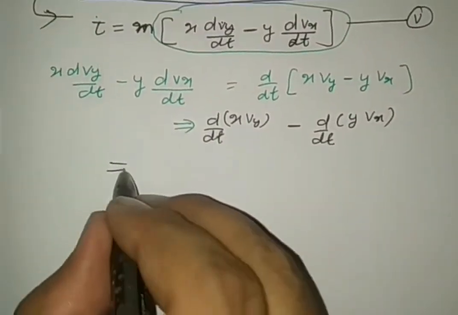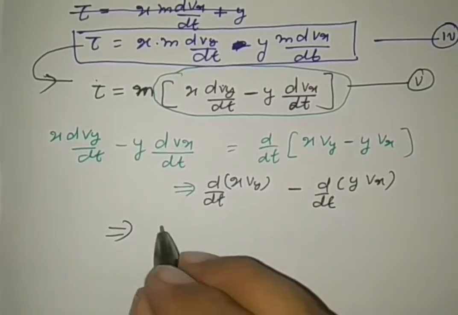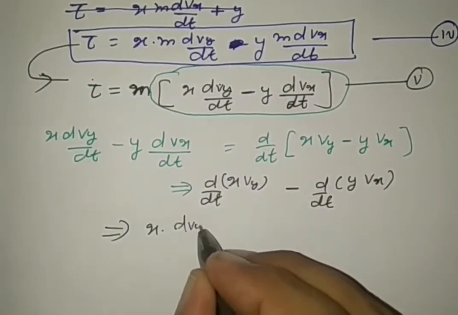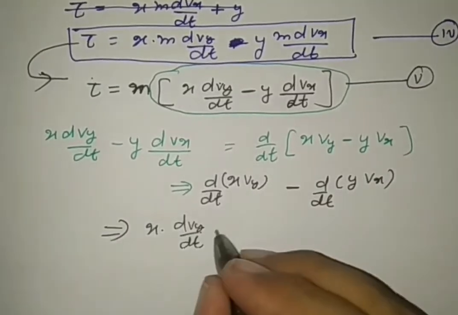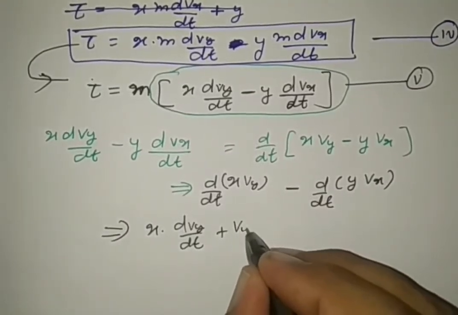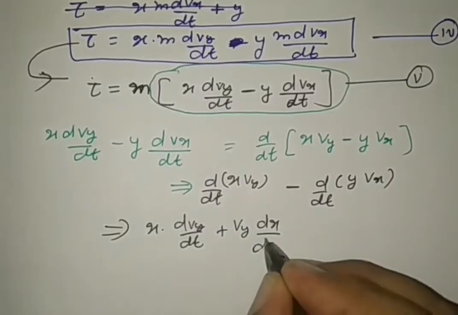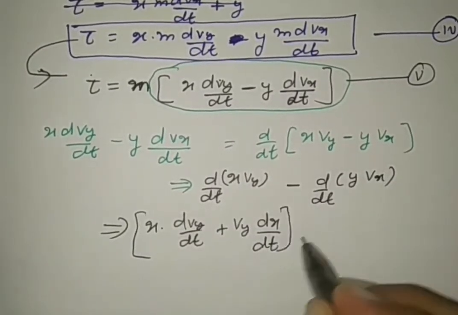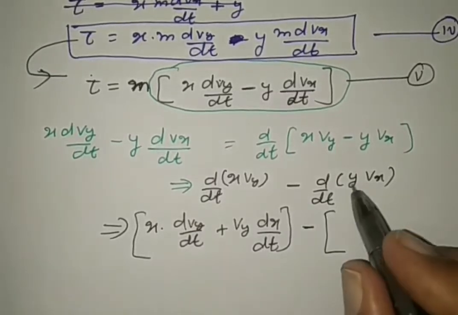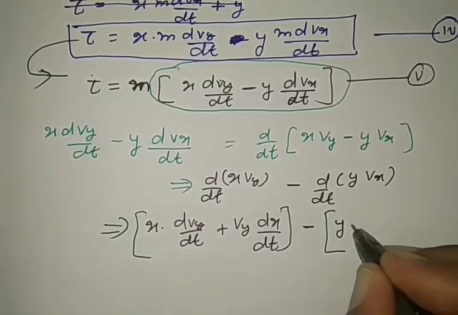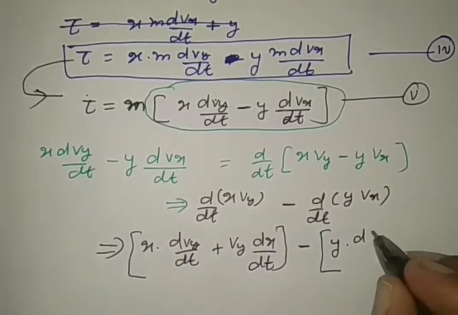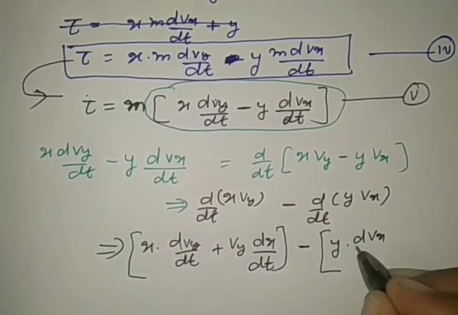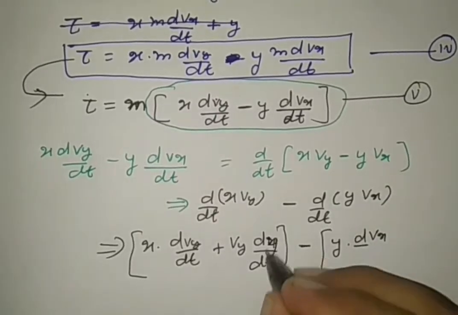Now, this is a product of two functions. First function into differentiation of second function plus second function into differentiation of first function. It is minus the product of two functions: first function into differentiation of second, that is dvx, and this is dvy here.